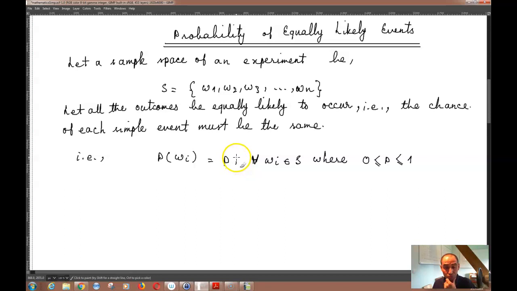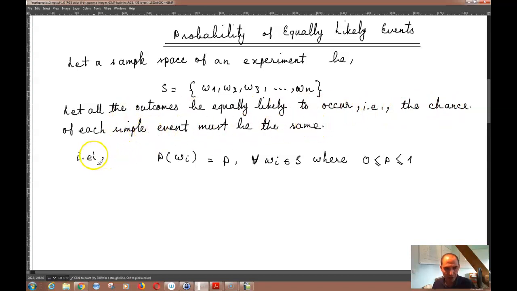So here we say that, let a sample space for an experiment be S equal to omega 1, omega 2, all the way up to omega n, and let all the outcomes be equally likely to occur. That is, the chance of each simple event must be the same.